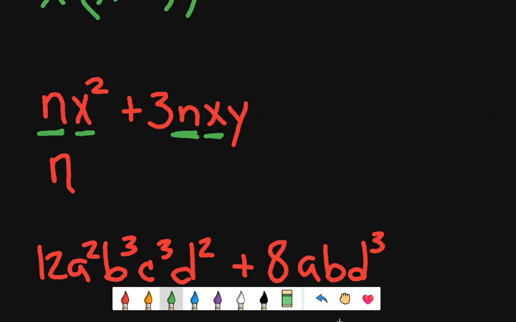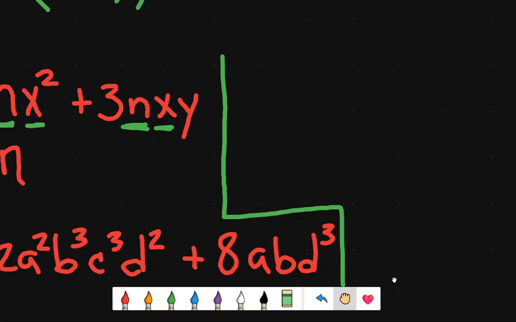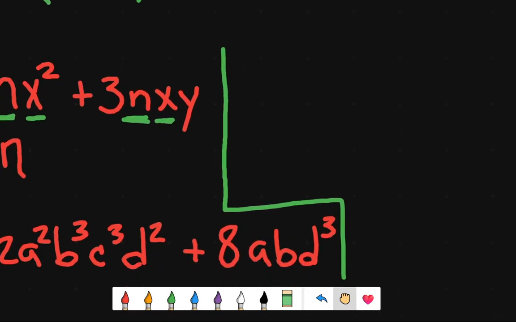So when we expand nx to the second power, this is what it's going to look like. Now remember, this is all multiplication. As soon as the screen stops moving, we can work it out. It's going to be n times x times x.